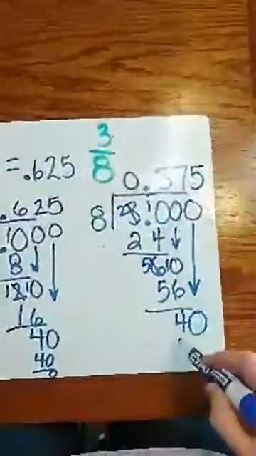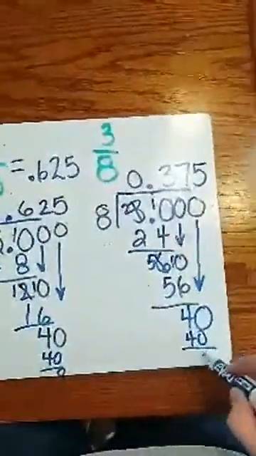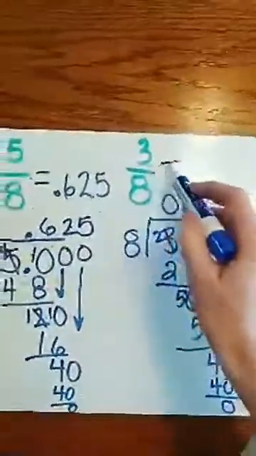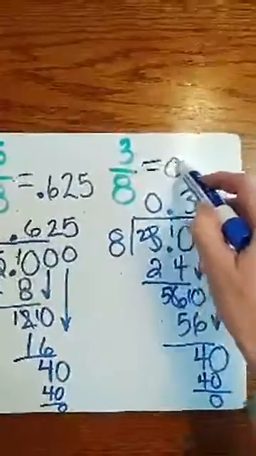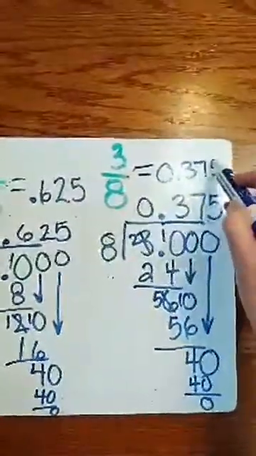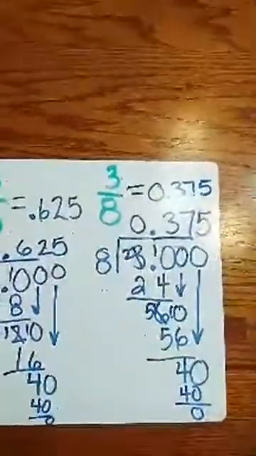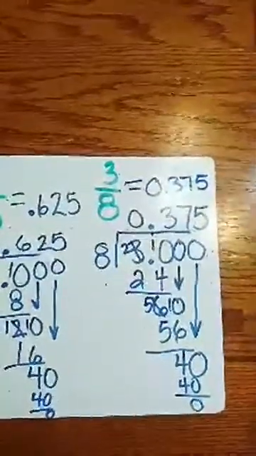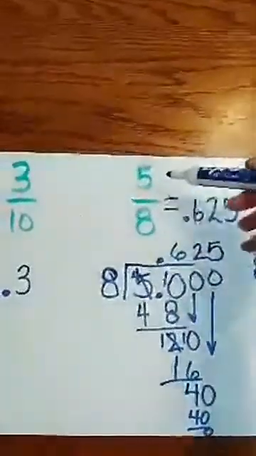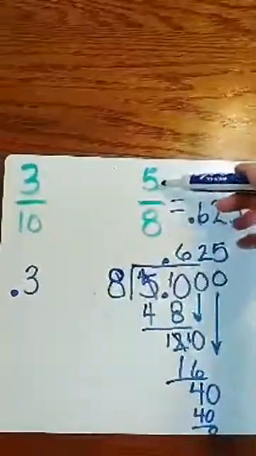We finally made it. 5 times. No remainder. We found our answer. 3/8 is the same as 375 thousandths, or 0.375.